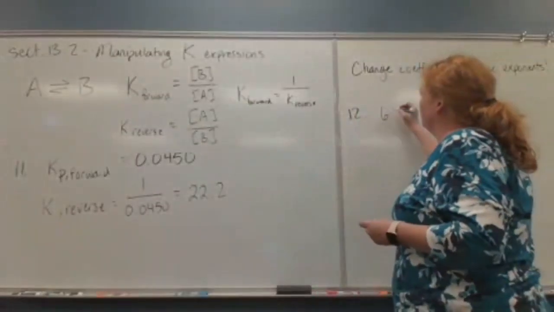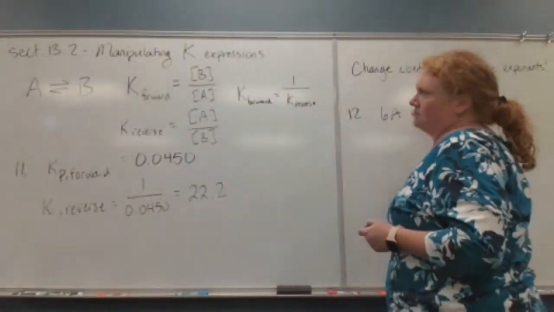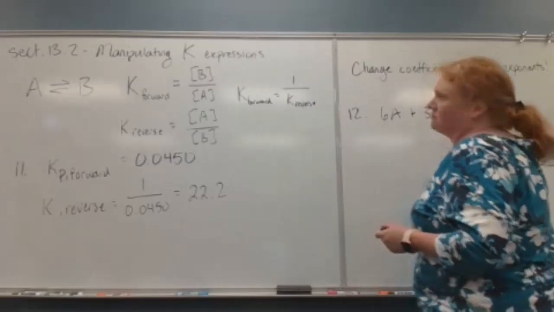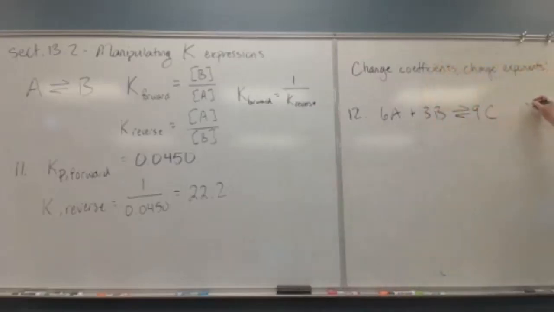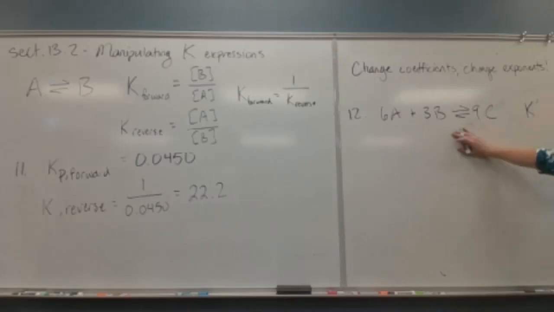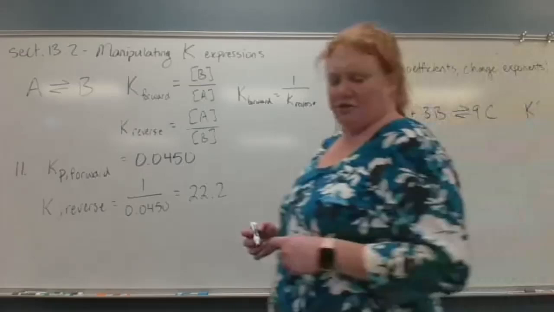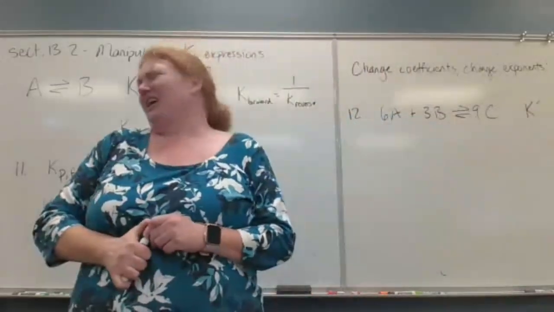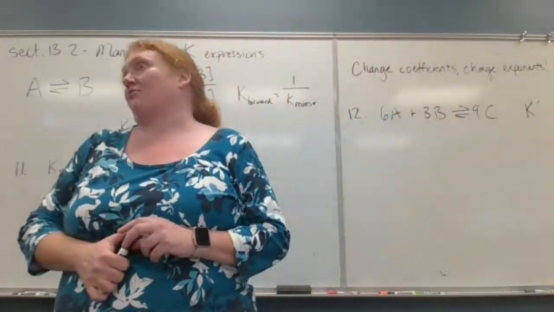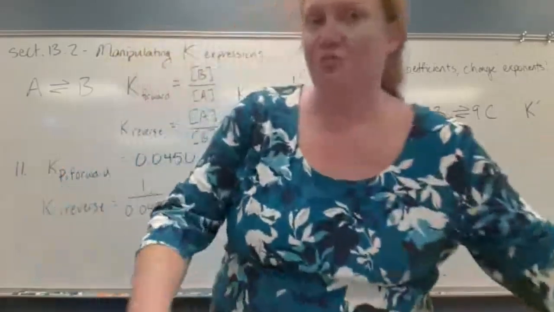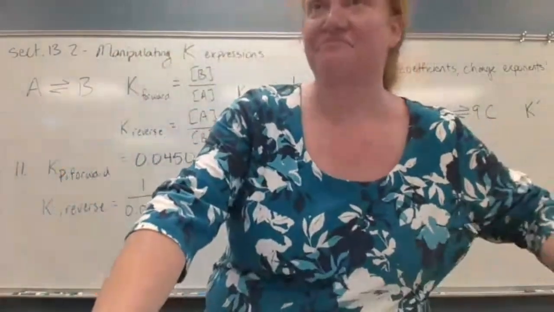If this is my new reaction, maybe I'm talking about K and this is for my new one. Or you could put a 1, but a prime symbol is quite often used. It's a way to denote it's a different K from the other K.